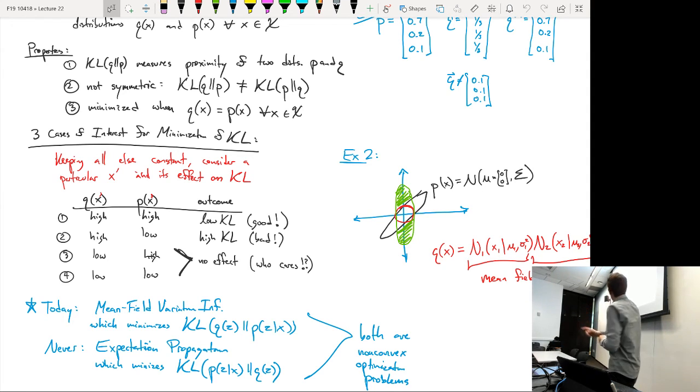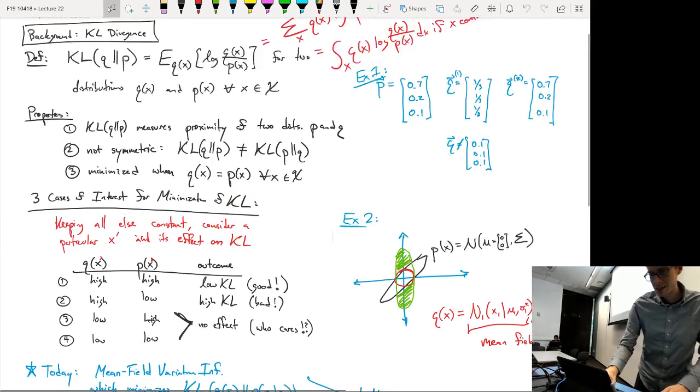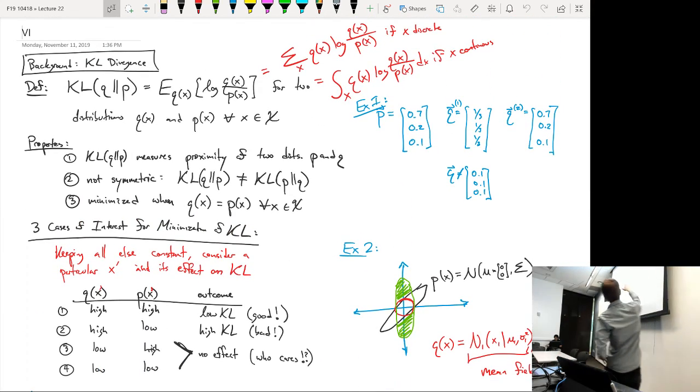And that's because what goes horridly wrong is if P of x is 0, then you're going to be taking the log of Q of x, which might be some harmless 0.001, divided by 0, which if it's not exactly 0 but just close to 0, is going to rocket off to infinity.